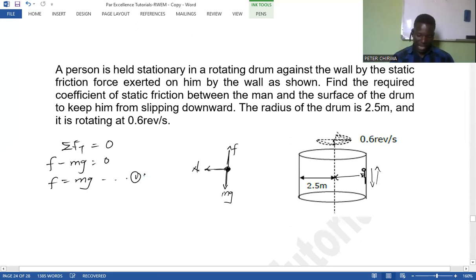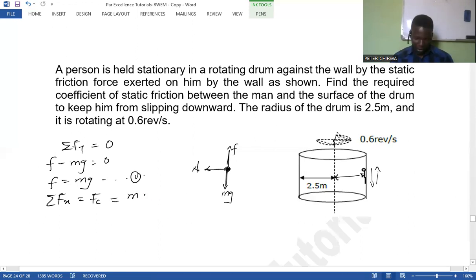And then from there, we also know that the summation of forces in the x, they are giving us the revolution, and this forces in the x is the centripetal force, and the motion is the circular motion.